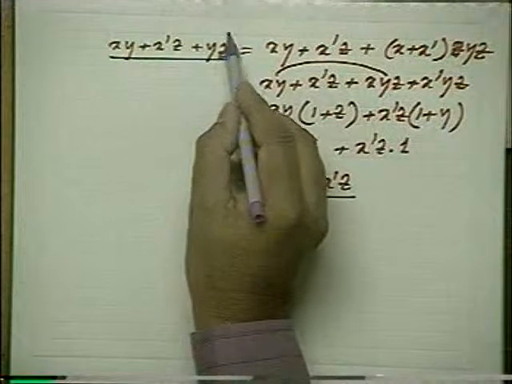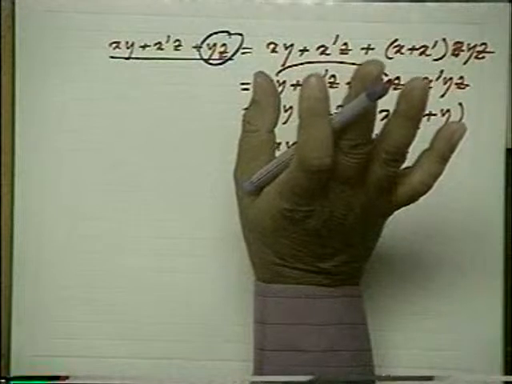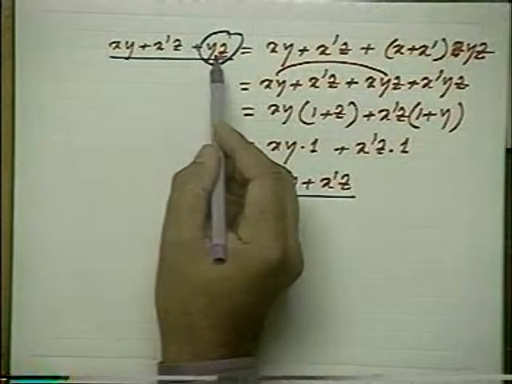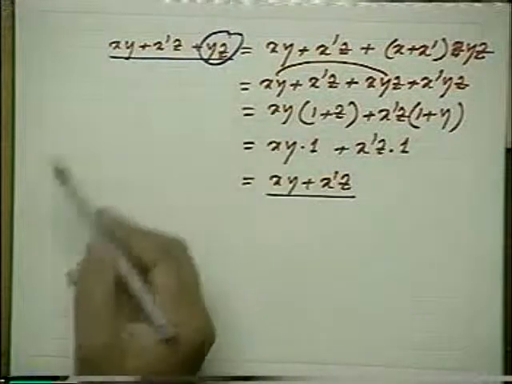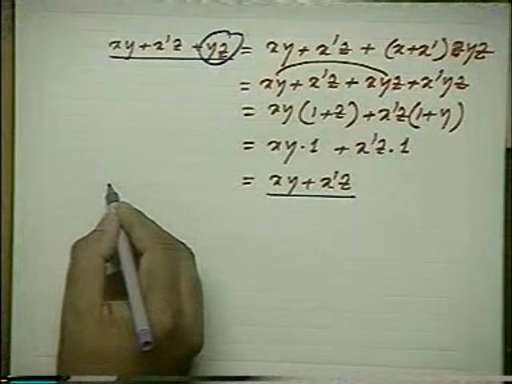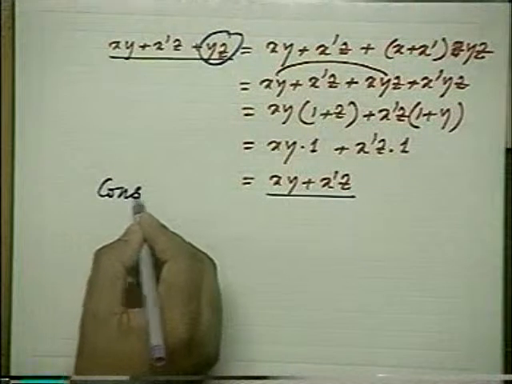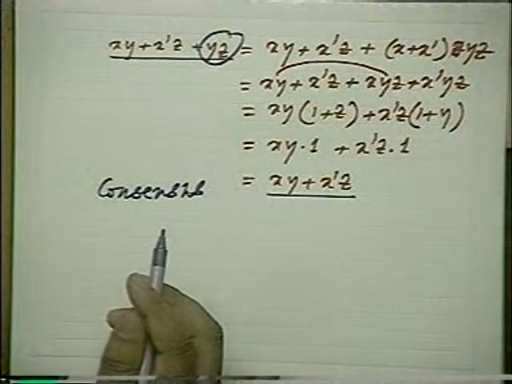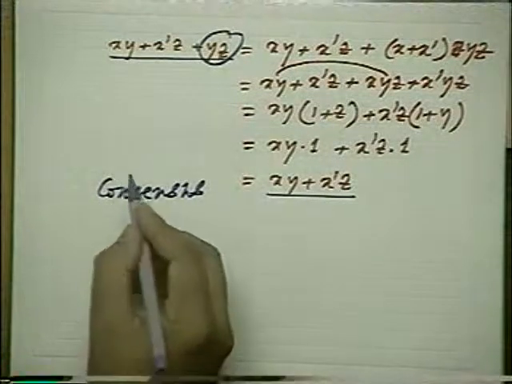This term is not necessary at all, and they are equivalent. Therefore, if we find switching expressions like this, we can eliminate yz immediately, and this is called the rule of consensus.